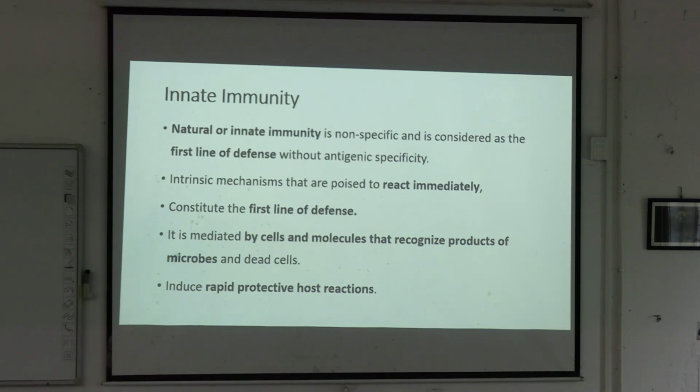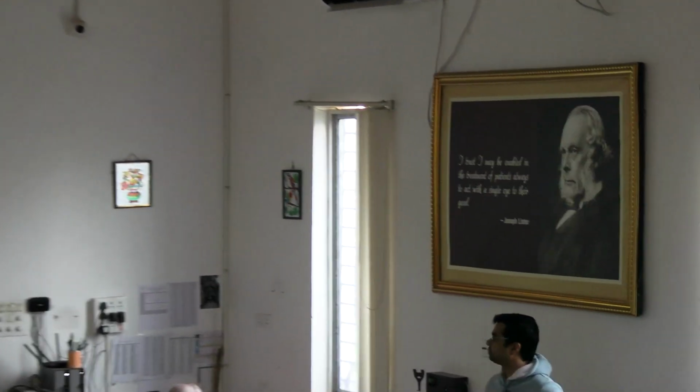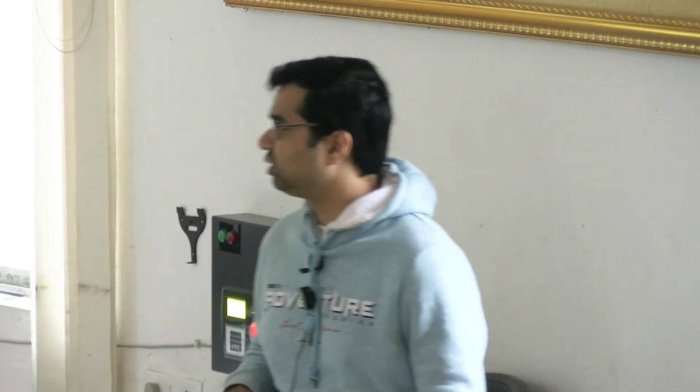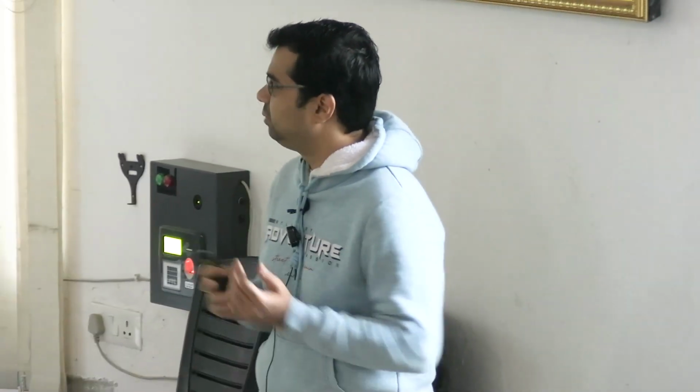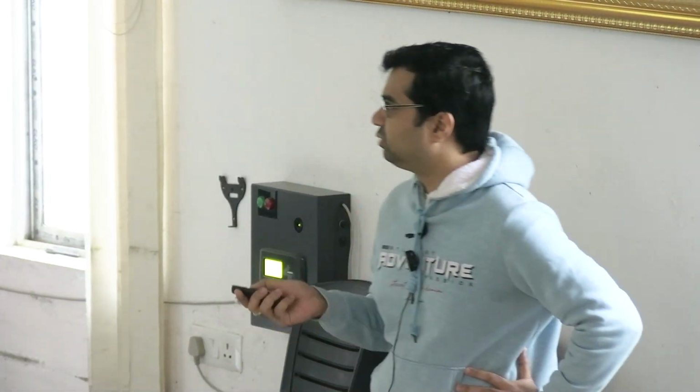It is mediated by cells and molecules that recognize products of microbes and dead cells and induce rapid protective host reactions. Innate immunity is always present, ready to provide immediate defense against microbes and to eliminate damaged cells. The receptors and components of innate immunity have evolved to serve this purpose.